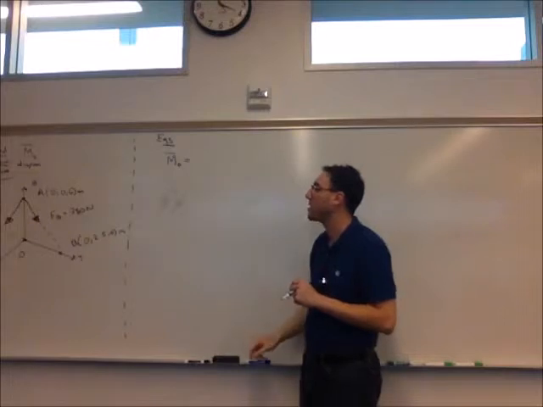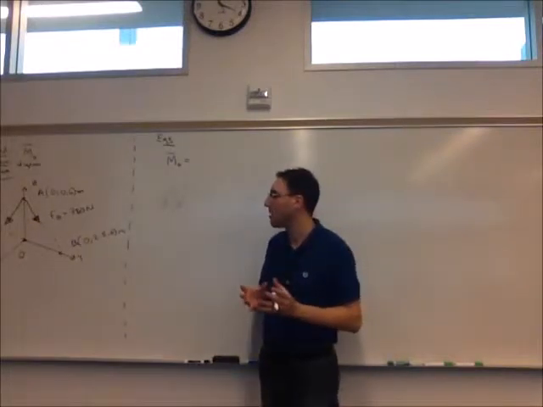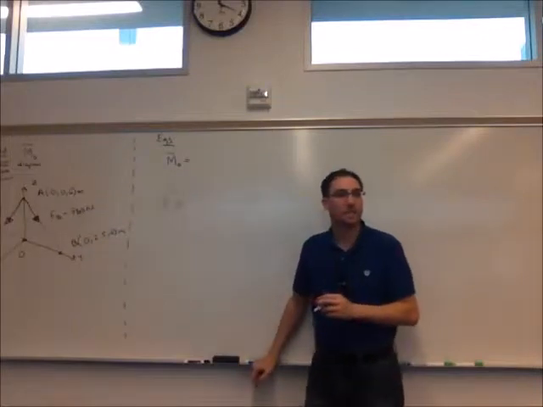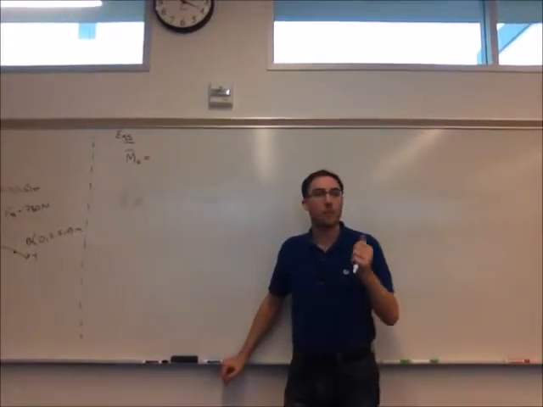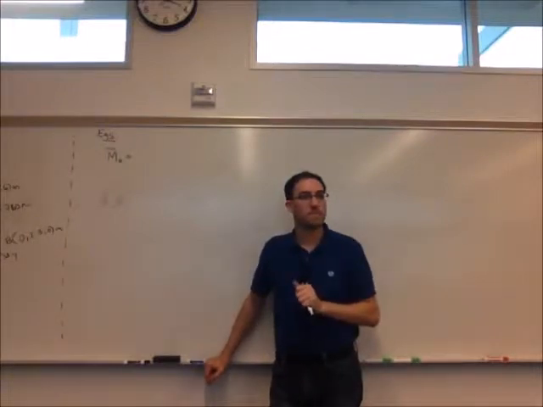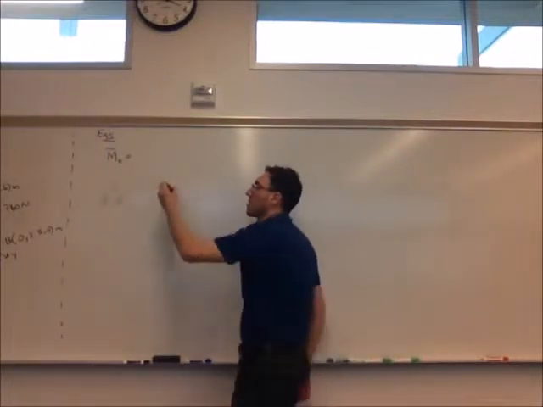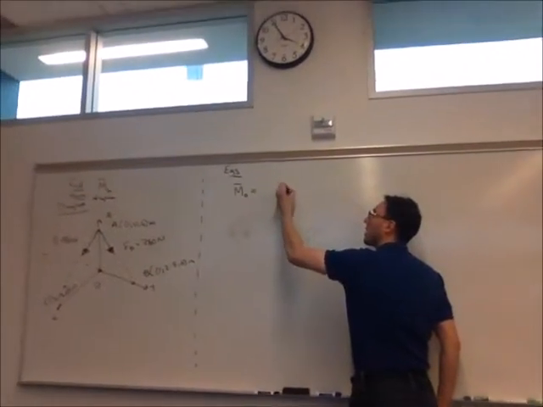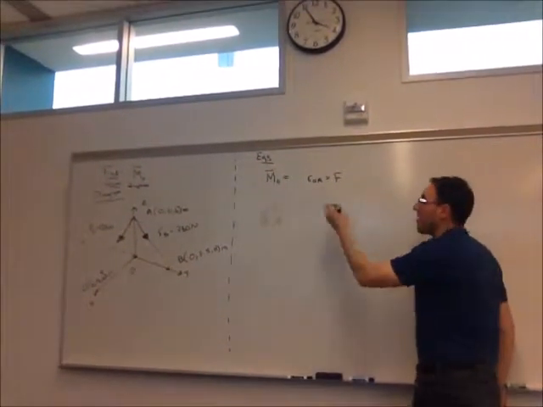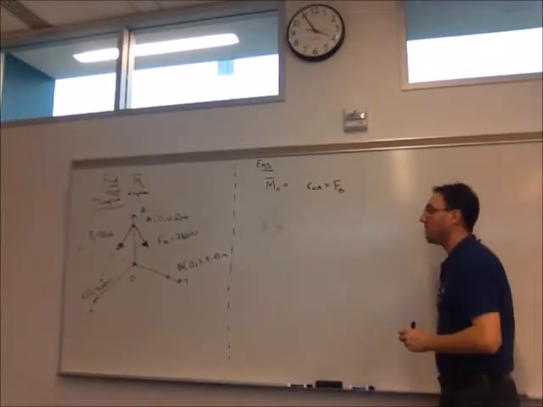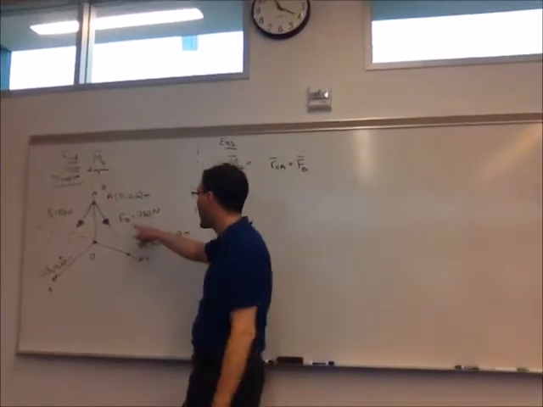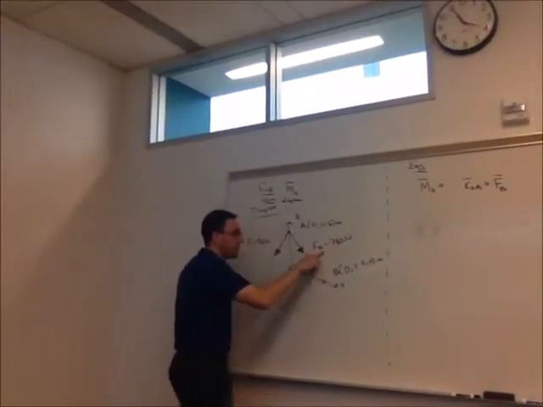So how can we represent the moment contribution, let's say from the force B? What would we write up here to designate that? Or how are we going to calculate that part of the moment? All right. In this case, it's named FB, so I'll just stick with that. Vector FB.